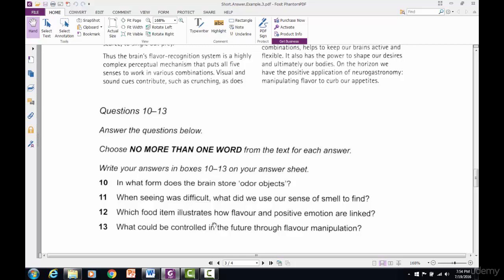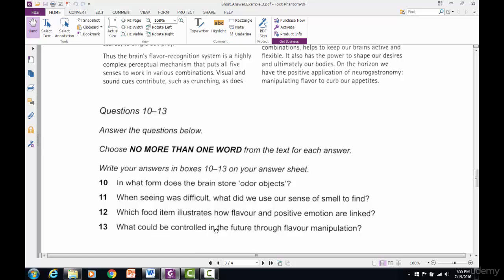12 says, which food item illustrates how flavor and positive emotion are linked? I like number 12 too, because it talks about flavor and positive emotion. Those are two things combined together, and we're looking for a specific food item, like strawberries, some kind of food item.